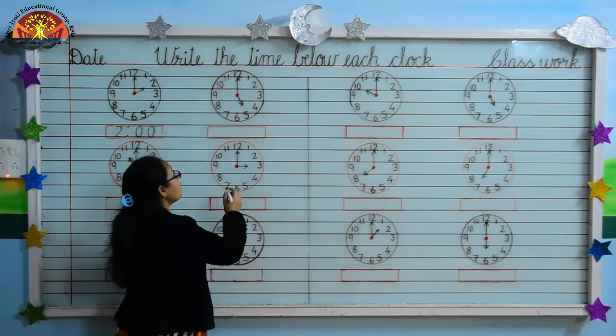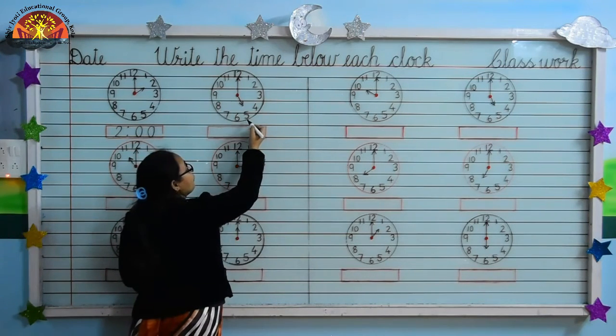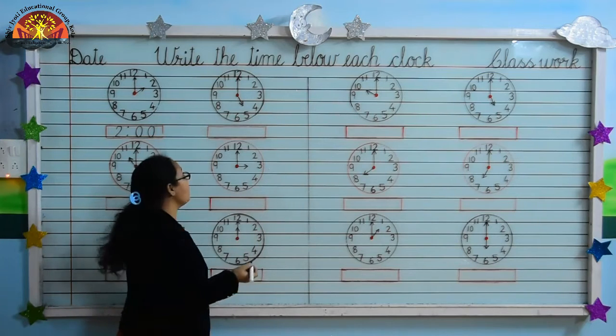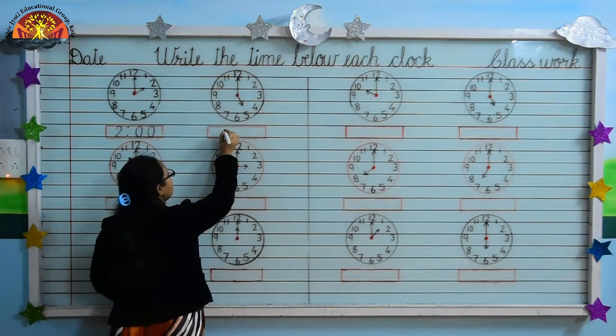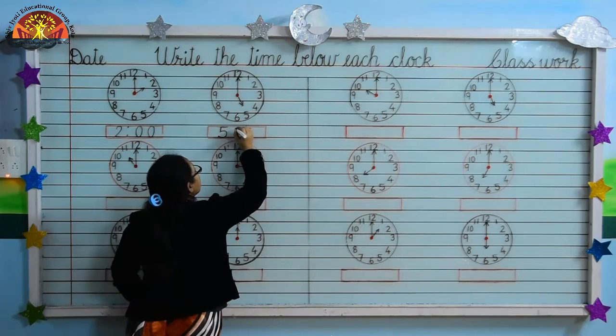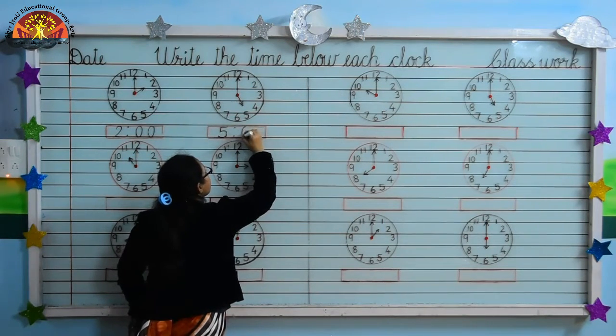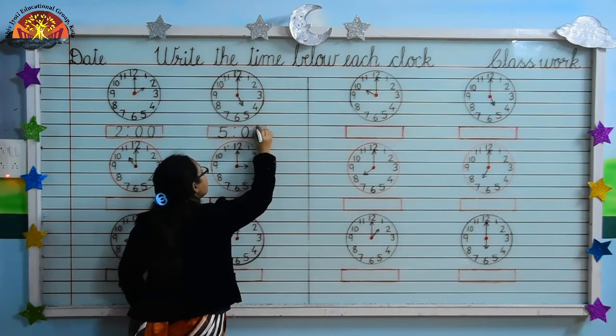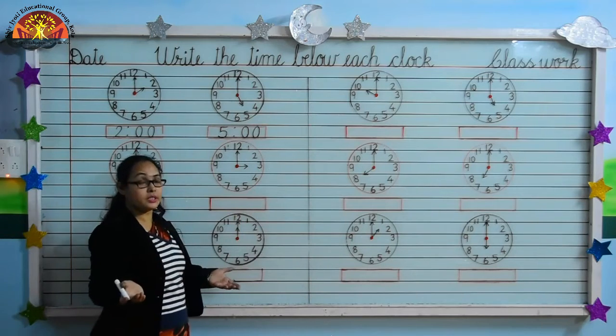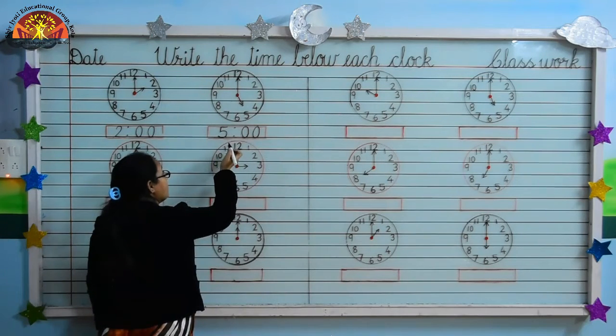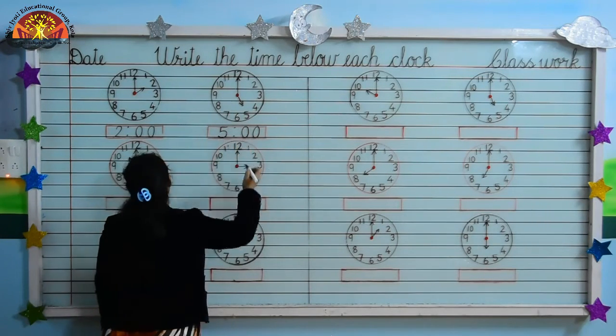Yes, the clock is showing 5 o'clock. Now we will write 5 colon 0 0. Kids, we read it as 5 o'clock.